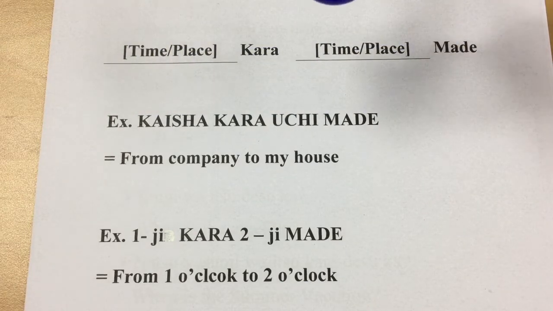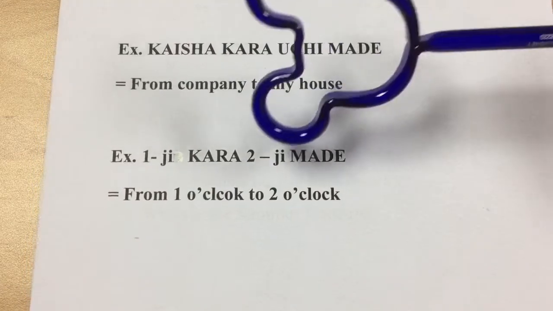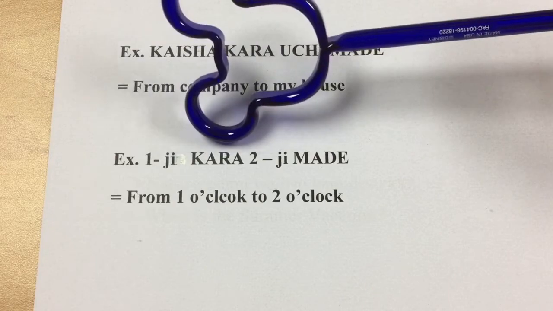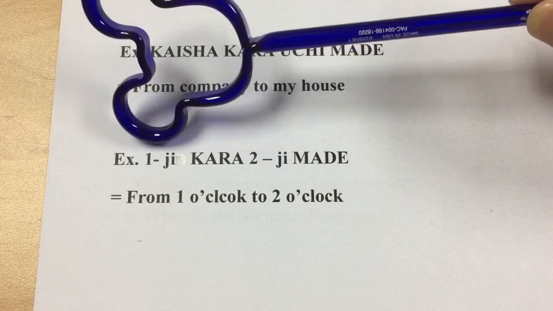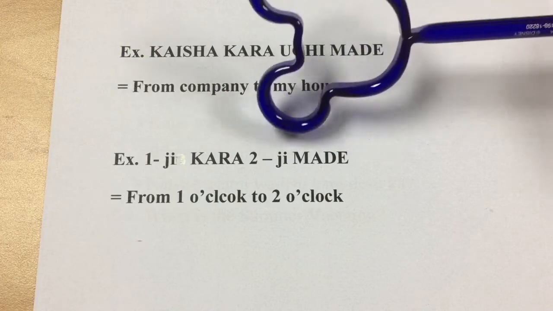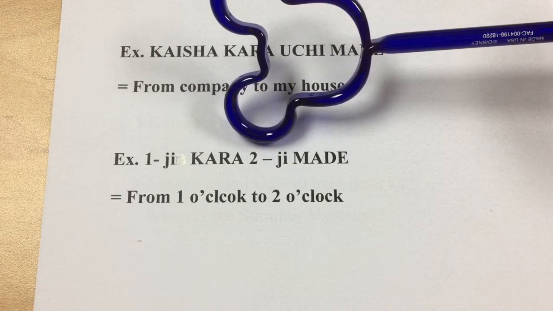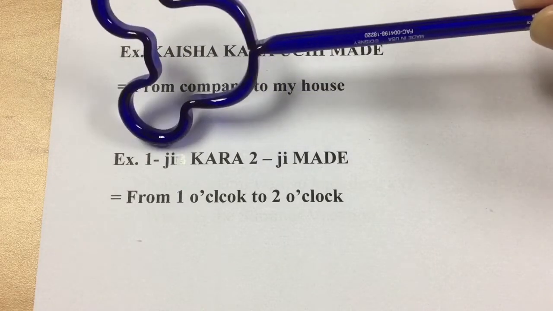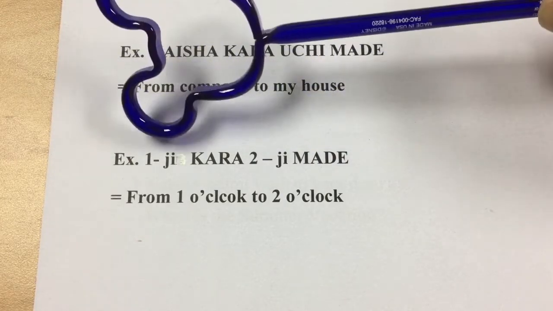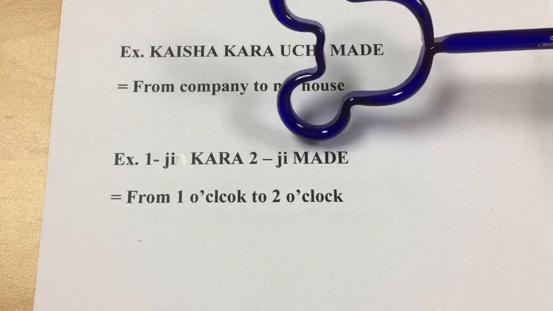Now we move on. If you want to use kara and made with time, 1時から, from 1 o'clock, 2時まで, to 2 o'clock. 1時から2時まで, from 1 o'clock to 2 o'clock.